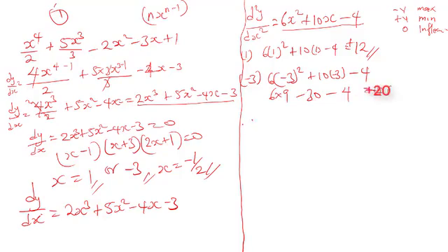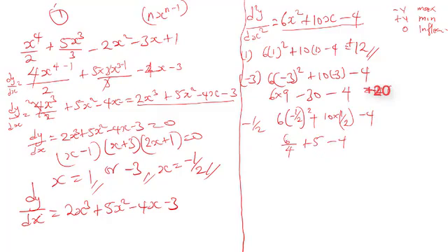Then the last one we have is −1/2. If you substitute −1/2 at this point, you have 6 times (−1/2) squared, plus 10 times (−1/2), which is −5, minus 4. So (−1/2) squared is 1/4. So we have 6/4 plus 5 minus 4.